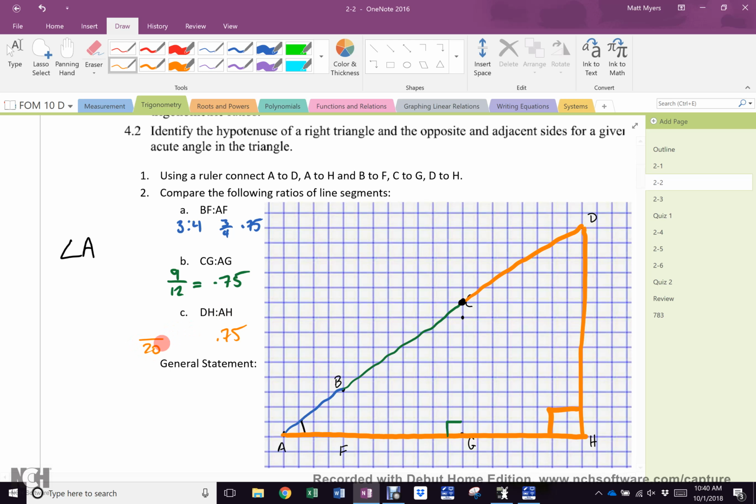Because if you don't know that, but you know the answer is 0.75, how do you solve this? 20 times 0.75 is, it's not 14, it's 15. 15, but I counted 14. Is everybody cool? Ladies and gentlemen, I counted 14.